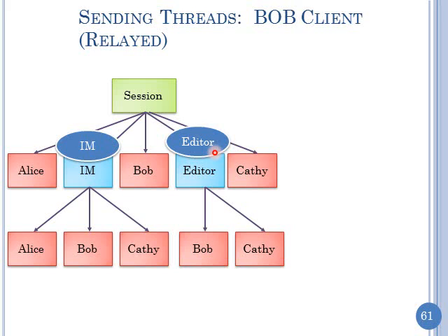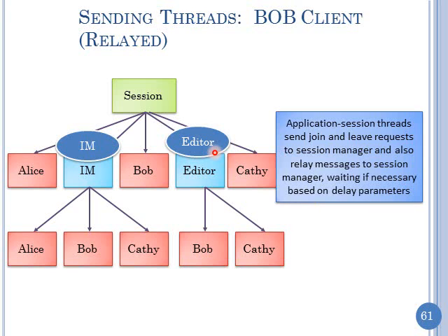All my messages sent to the editor subsession should be serialized, should go in sequence. I want the first one to be processed before the second one. Okay, so that's all we have. We have a thread for each subsession. Okay. Now the application session threads send join and leave requests to the session manager, and also send the relayed messages to the session manager. Okay.